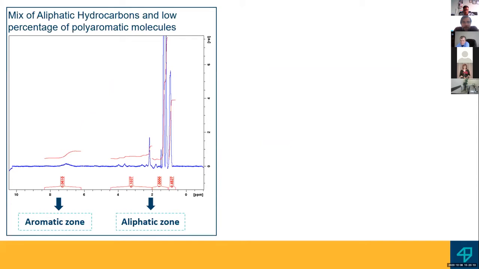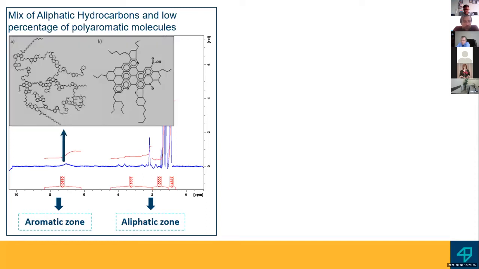In particular, from a chemical point of view, the bitumen is composed of an aliphatic zone, saturated hydrocarbons, and an aromatic zone mainly composed of asphaltene molecules, whose structure is like this, shown in these pictures, an archipelago structure, for example, or island structure.